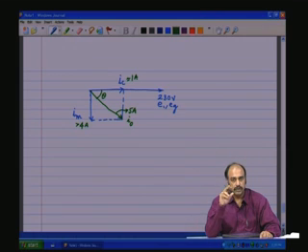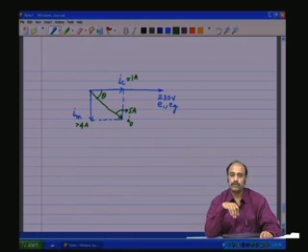Now, that is going to link to the secondary turns N2 and generate a voltage E2, and if there is a load on the secondary, there is a current I2 flowing in the secondary. Now, that secondary current is also going to produce a motive force within the core of the transformer, which is N2 I2.